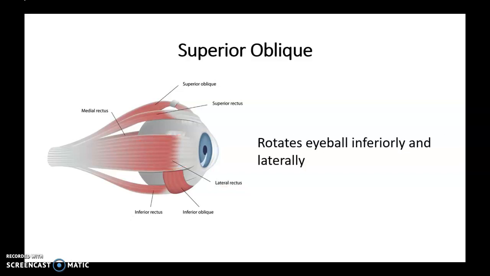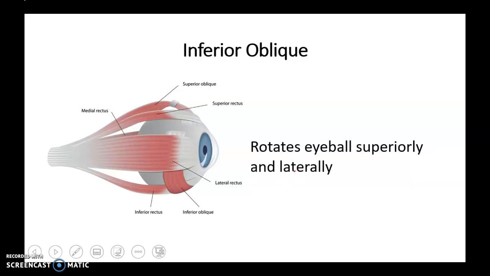Then we have superior oblique. Oblique is at an angle, and the superior oblique rotates the eyeball inferiorly and laterally. I want to highlight these. Remember, the superior oblique moves the eyeball inferiorly and laterally.